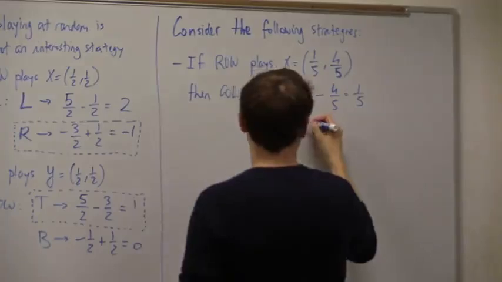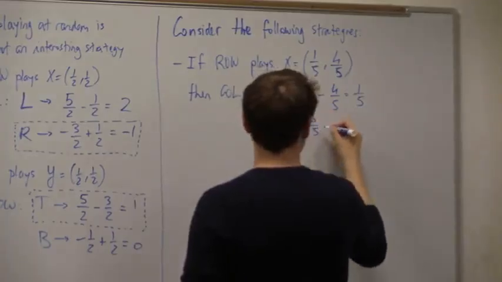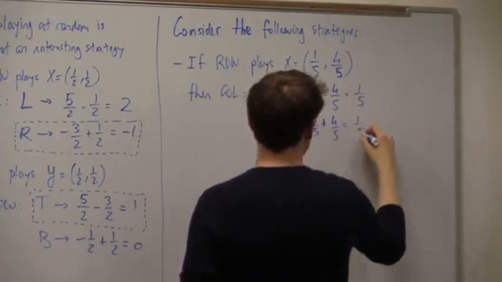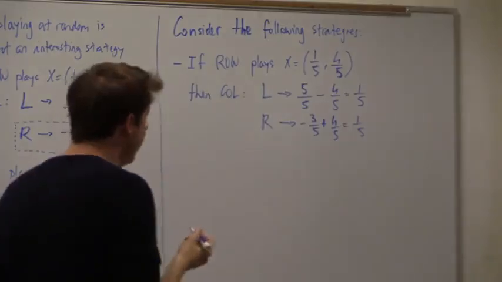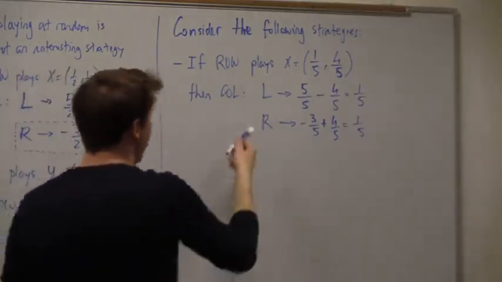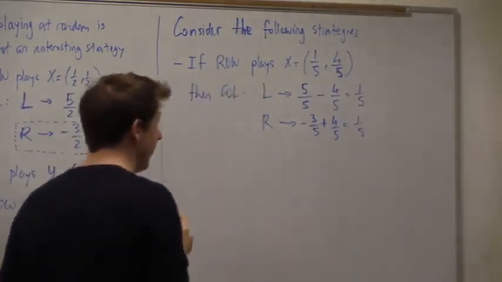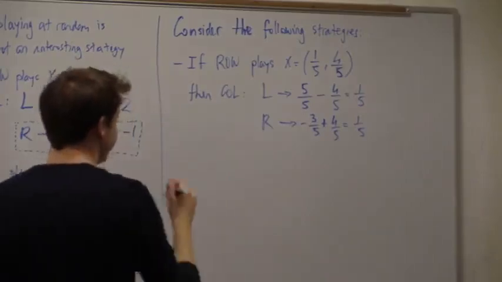So that would be minus 3/5 plus 4/5, that is 1 over 5. Which one is he going to pick? Well, he doesn't really care, because whether left or right, either of them gives him a fifth value, so it doesn't really matter for him.